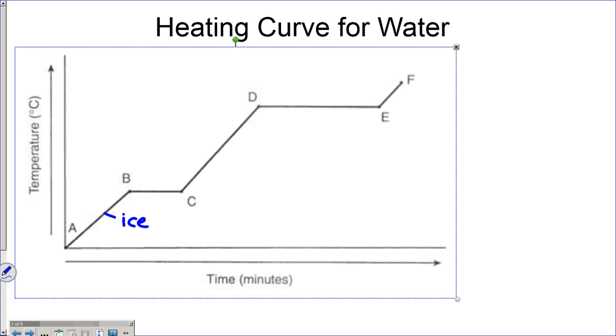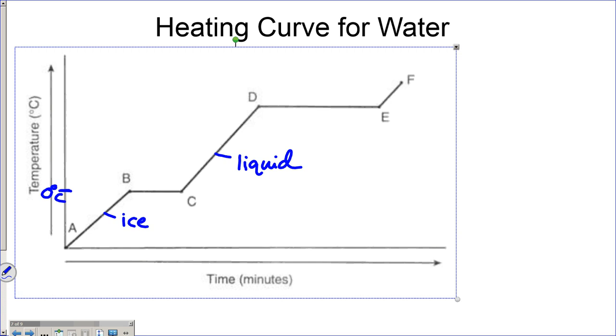It then goes through from B to C, where it is changing. So if you notice the temperature does not change, that's a phase change. That's where it is actually melting. So the temperature at which that melting is occurring is 0 degrees Celsius. So that first flat line is at 0 degrees Celsius. Then the segment from C to D. The temperature is increasing, it's going up, and it's above 0 degrees Celsius, so that's where we have liquid water.